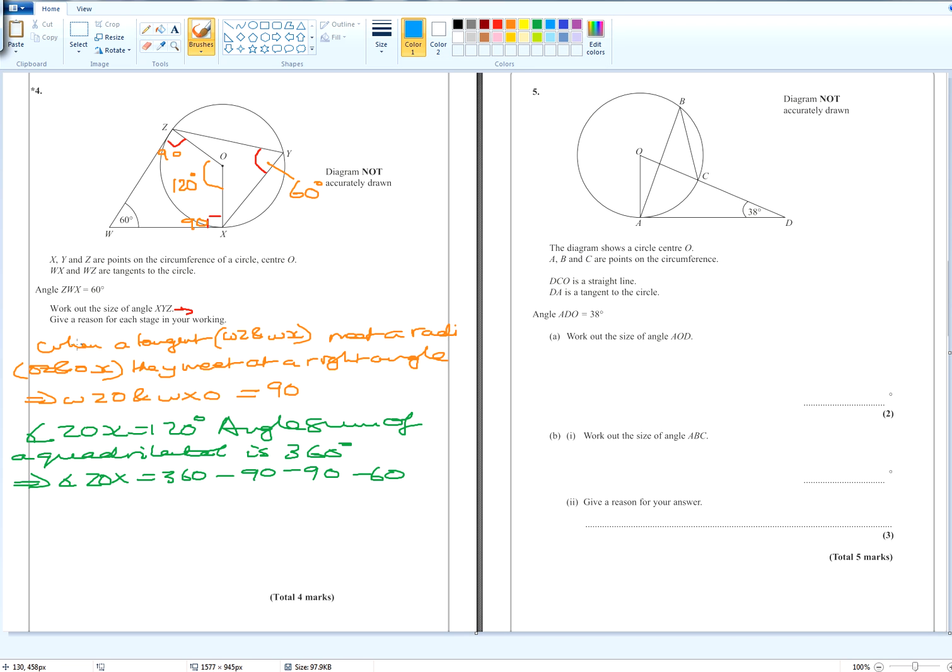So for the last part, we say angle XYZ is equal to 60. Why is it equal to 60?